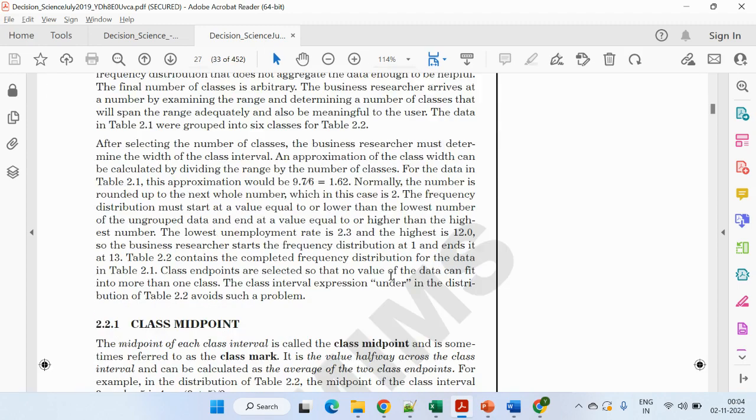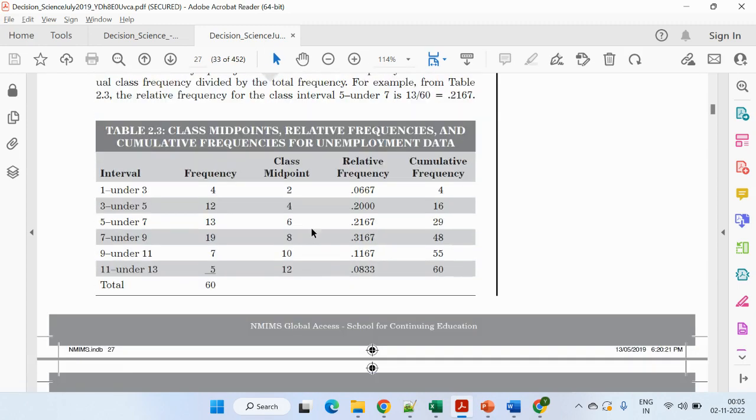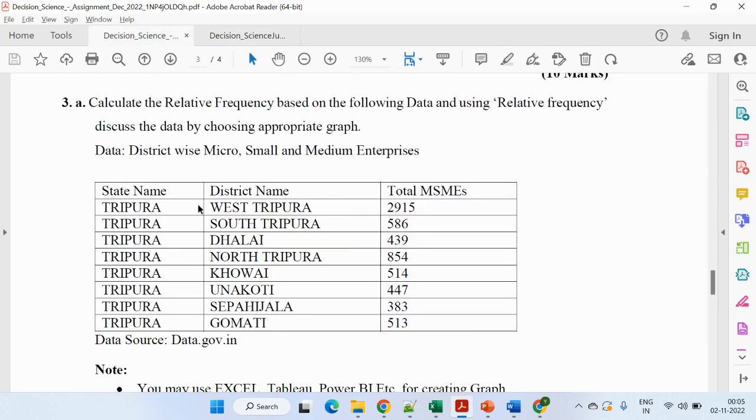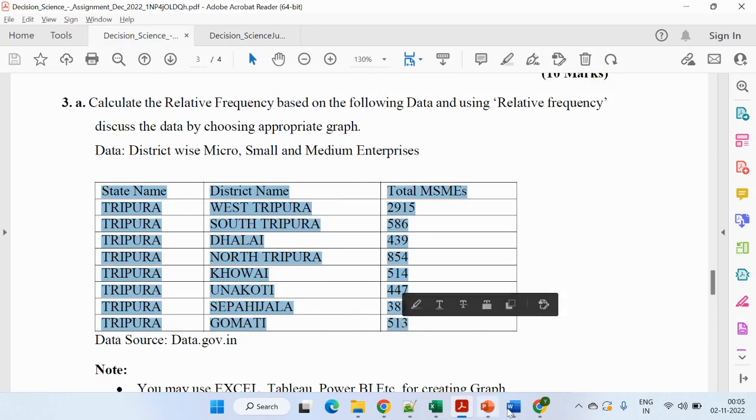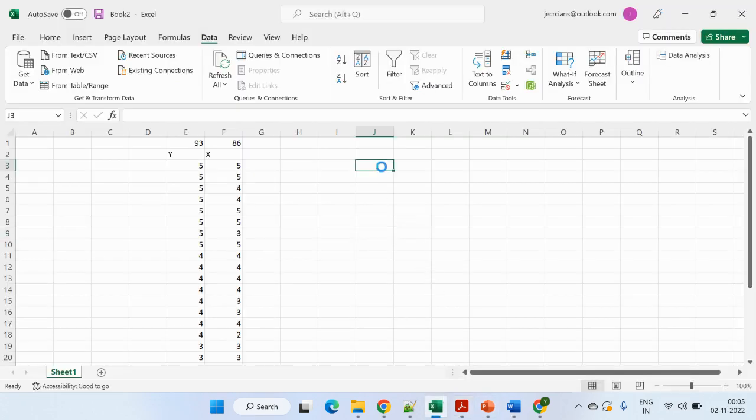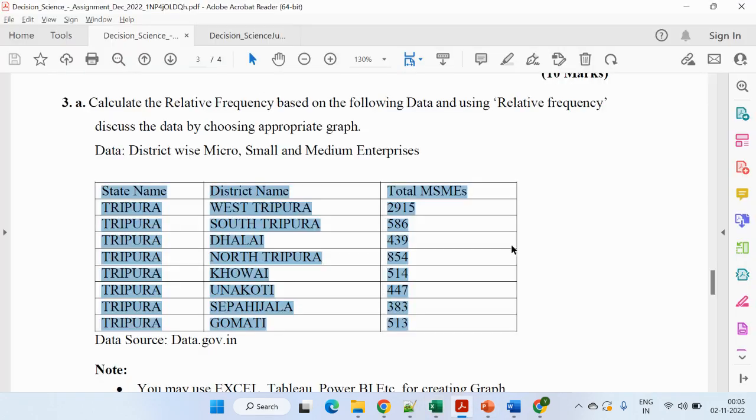Going to page 27, it's mentioned as relative frequency. It's very straightforward how to calculate the relative frequency. If you see this question again, you have all these values. You can simply copy and paste them over there.